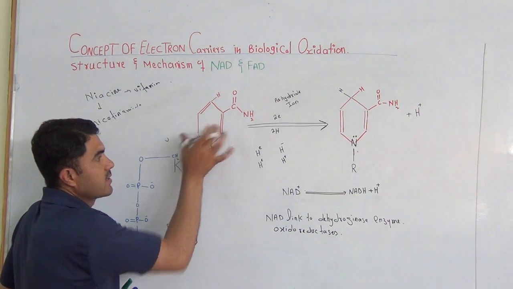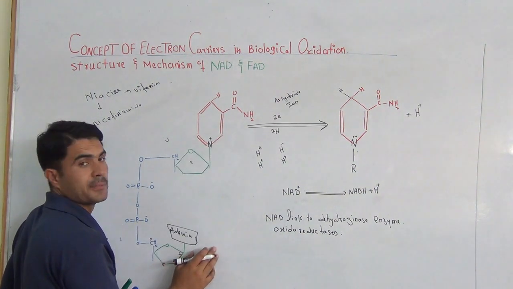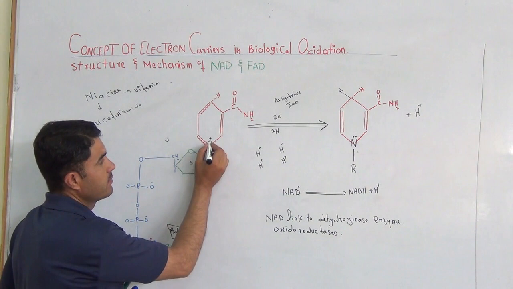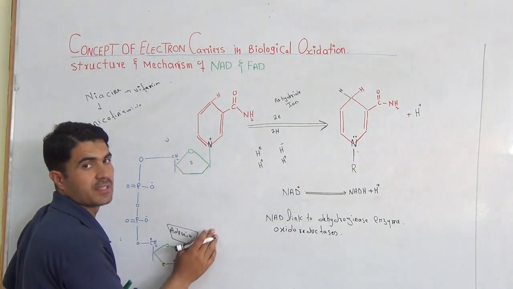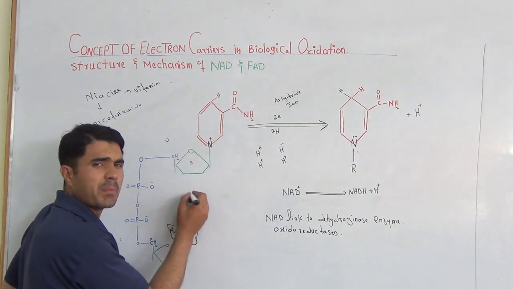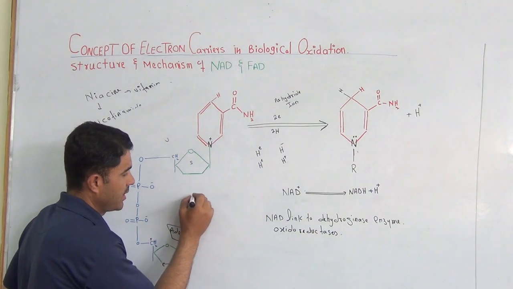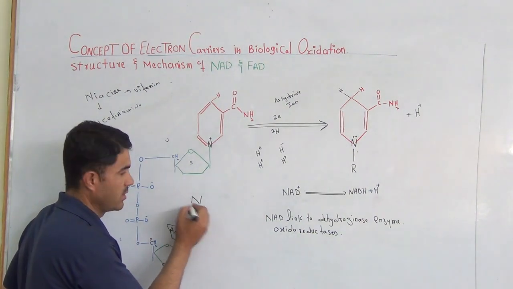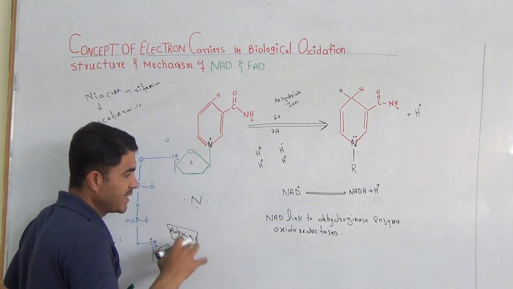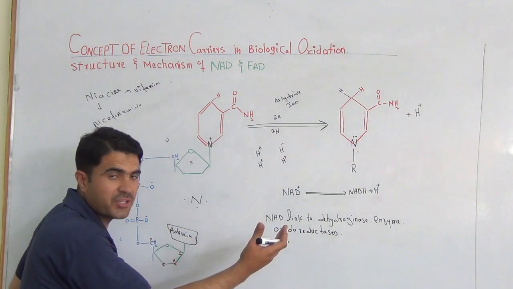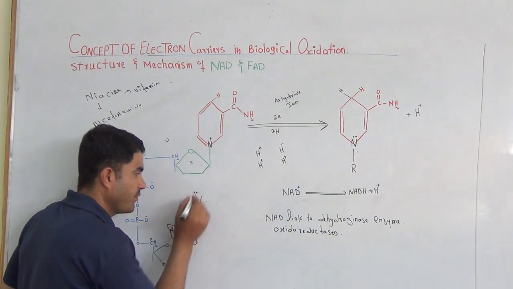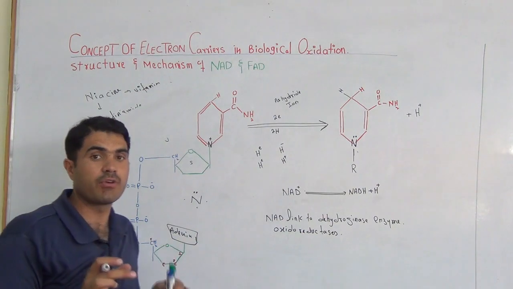In that structure, if you see here, we have a positive charge on the nitrogen. If you remember, maybe some of the students remember that nitrogen has 5 electrons, 3 usually it uses in bond formation, and the 4th and 5th electrons are present in the form of lone pair.